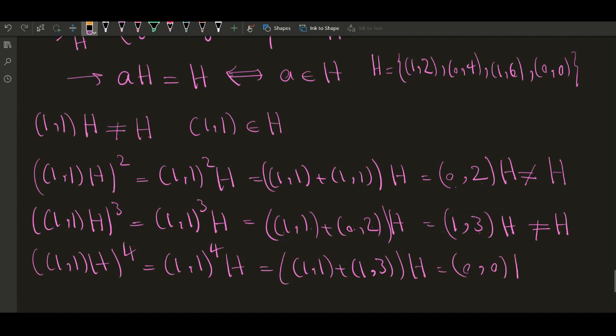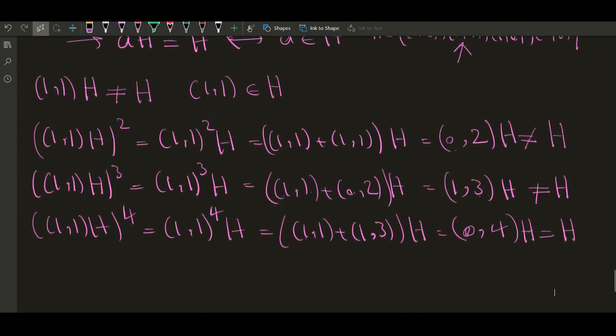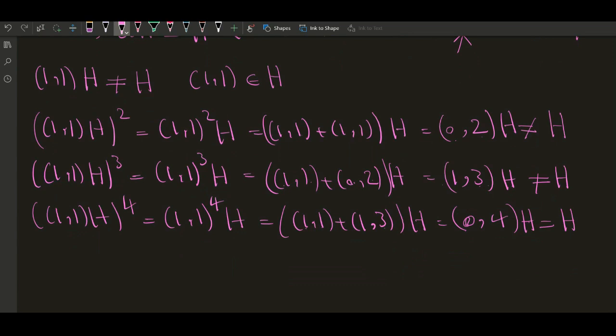Sorry, I made a mistake. If we add the first components, we get 0, mod 2. And then we add the second components, 1 plus 3 is 4 mod 8. And as you see, (0, 4) belongs to H. So (0, 4)H equals H, or the identity quotient. So we see that this quotient to the fourth power equals the identity element.